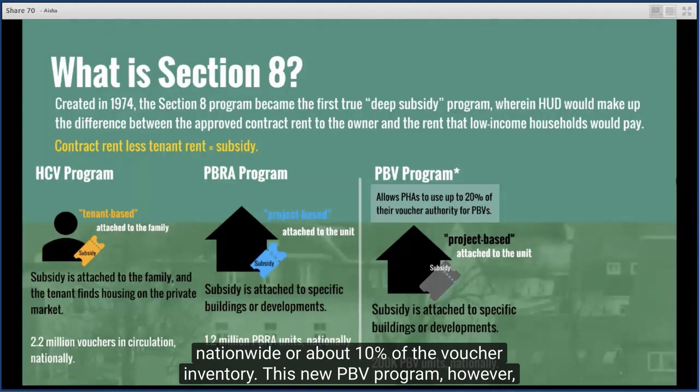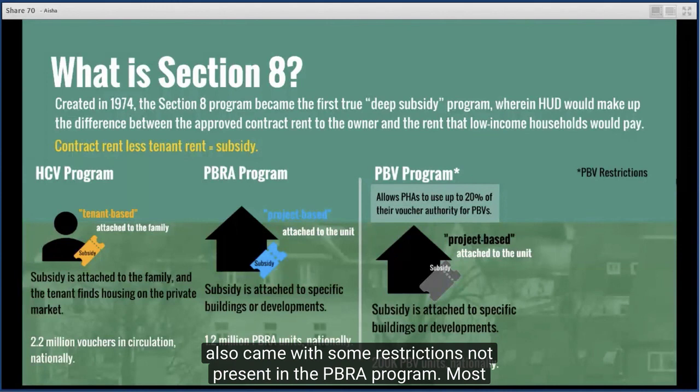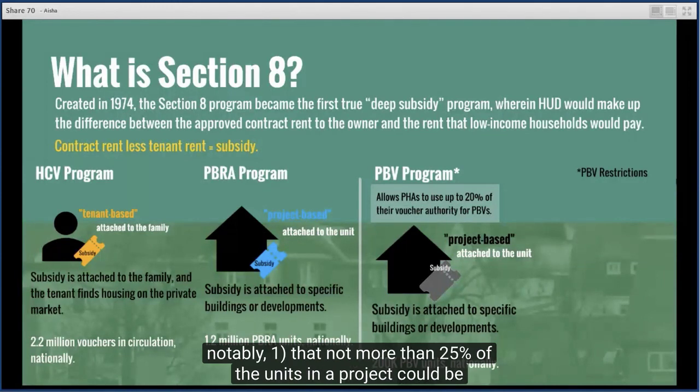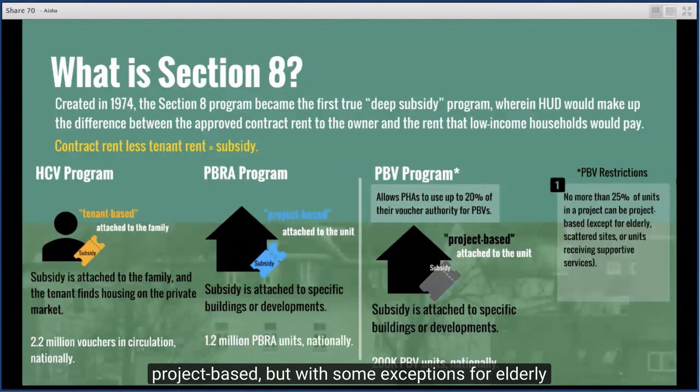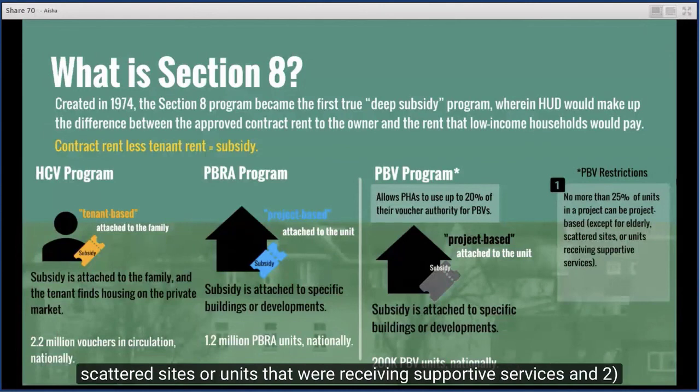This new PBV program, however, also came with some restrictions not present in the PBRA program. Most notably, one, that not more than 25% of the units in a project could be project-based, but with some exceptions for elderly, scattered sites, or units that were receiving supportive services.